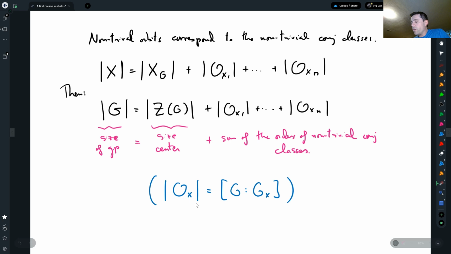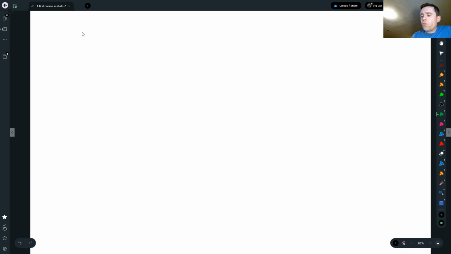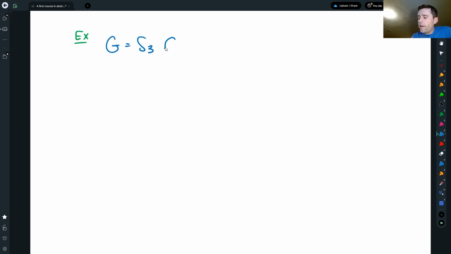But let's do at least one example of this class equation in terms of conjugacy classes for a particular group. We're going to do this for S3. So here is an example. We take G to be S3, and it's going to act on S3 itself via conjugation. And then there are three classes.